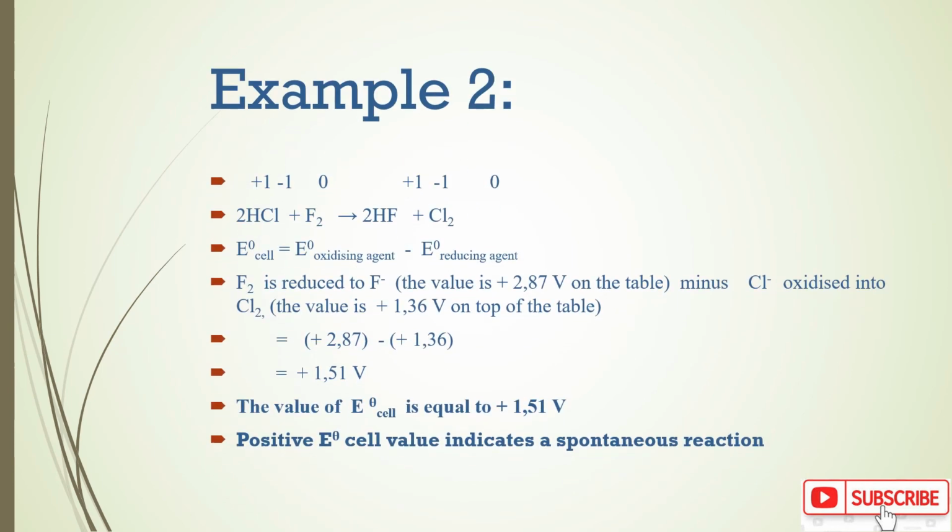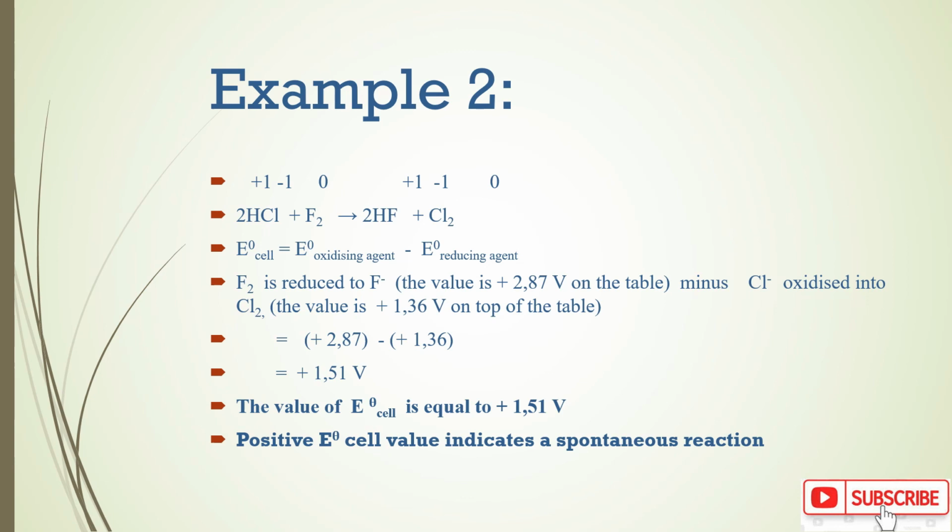Another example where we have 2 moles of hydrogen chloride reacting with 1 mole of fluorine gas in order to have 2 moles of hydrogen fluoride plus 1 mole of chlorine gas. E standard cell is equal to E standard oxidizing agent minus E standard reducing agent. Fluorine gas is reduced to fluoride ions. The value is plus 2.87 volts on the table of standard reduction potentials 4B.